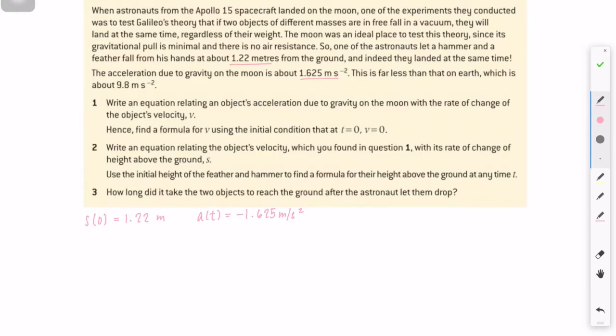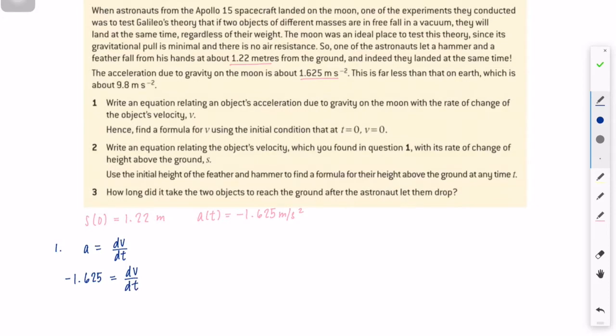Using this information and also the fact that acceleration is the rate of change of velocity, so dv by dt is equal to a, I have negative 1.625 equals dv by dt.